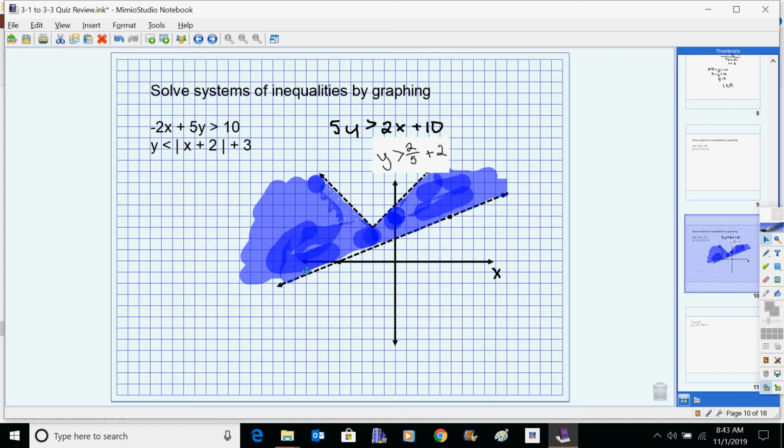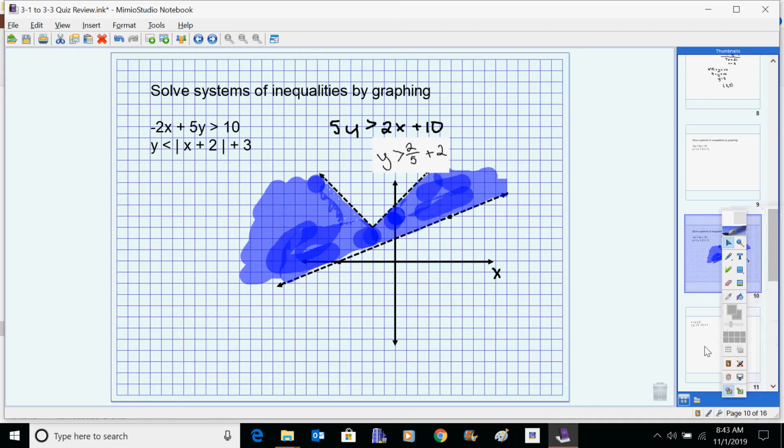So the region that is true for both of them is above the line and below the absolute value graph. And so right in here is your overlapping piece. I know that you did a lot of those for homework last night, and we'll take those questions afterwards, but just here we go.